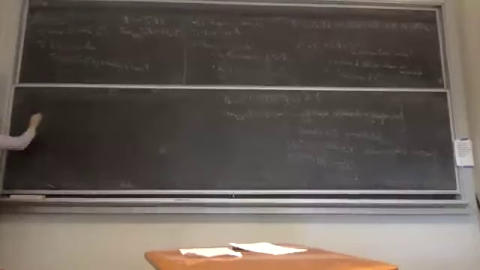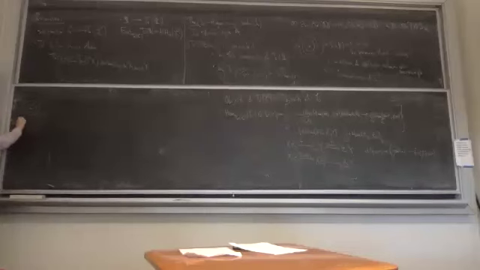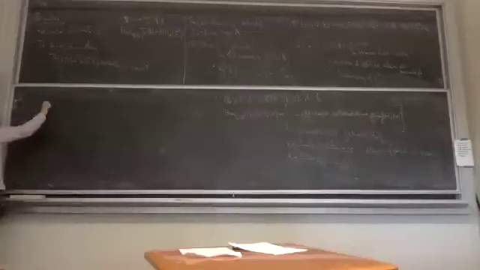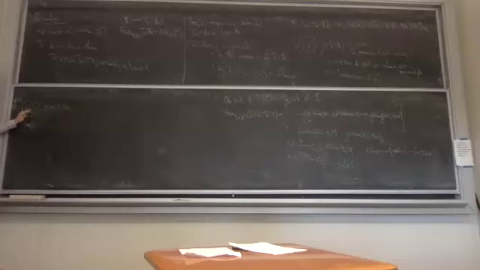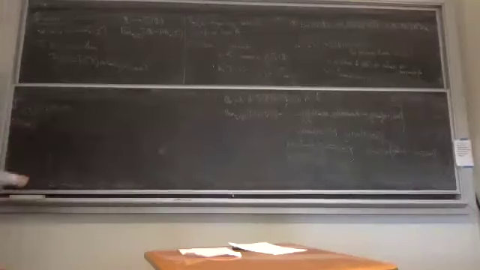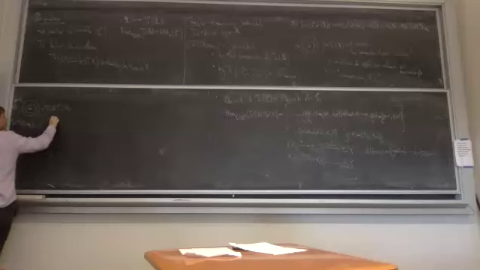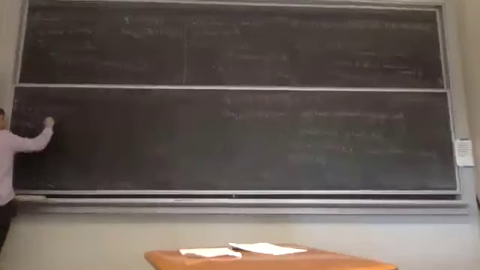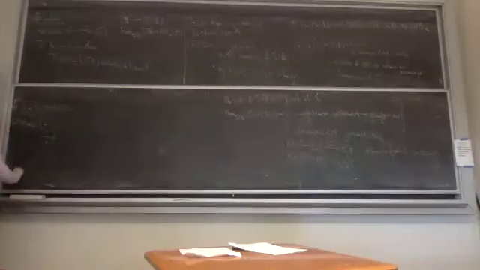Okay, so first of all, I have two circles. N is equal to 2, and we work in the trace of Soergel bimodules for S2. So this is the trace of the identity. And it has an action of S2, which swaps these two circles. Okay, so from that theorem, what does it mean? It means that in particular, I can define an object which would be called S2 here, and an object which would be called wedge 2 here.